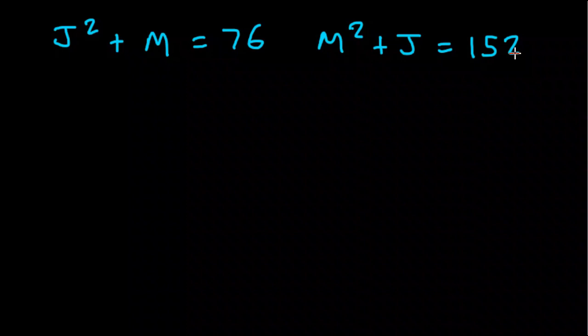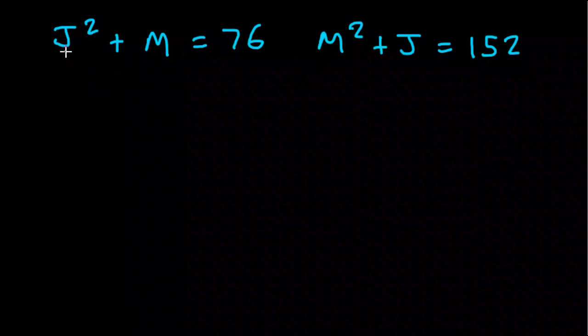No, because we're dealing with squares and all the terms are positive, whatever these numbers are squared has to be less than the total sum. That means we've got a discrete set of values that J and M can take, and all we have to do is test within those values to find our answer, if indeed there is one.